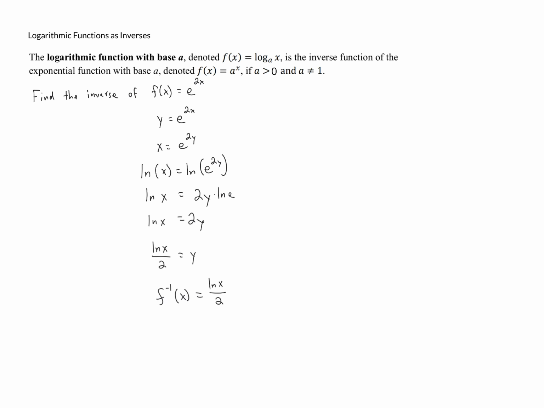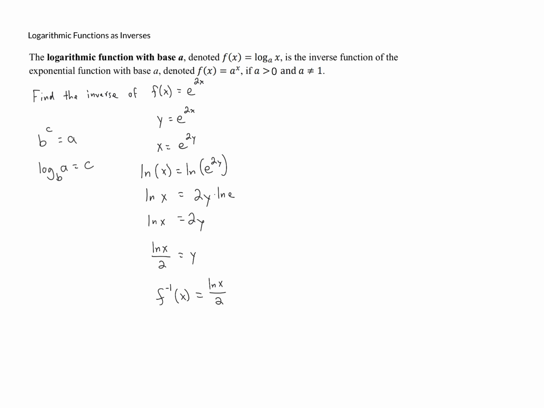We can also directly move to put this in logarithmic form by remembering that if we have b to the c power equals a, this is the same as saying log base b of a equals c.